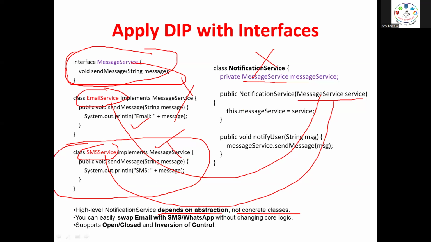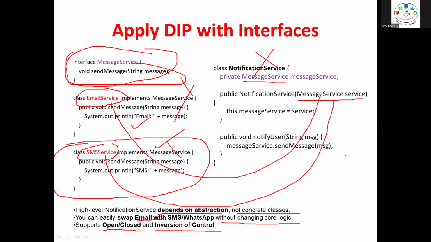So easily I can swap email with SMS or WhatsApp without changing the logic. By doing this, it supports both the open closed principle and inversion of control.